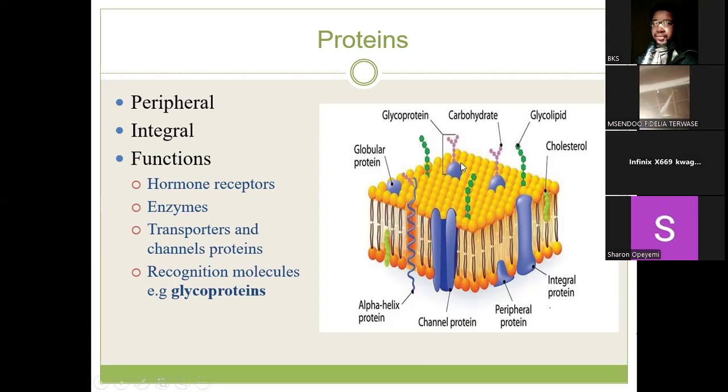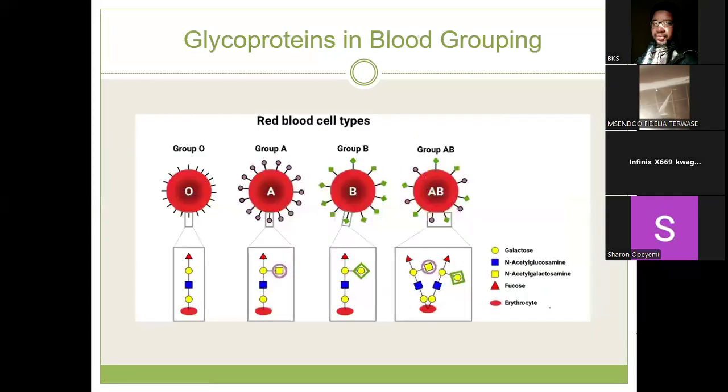Most of these glycoproteins, you can see a protein here, and then we have a carbohydrate attached to it. And here we have a fatty acid, and we also have a carbohydrate attached. This is what we call glycolipid. One of the functions of these glycoproteins is in the identification of the blood grouping system.